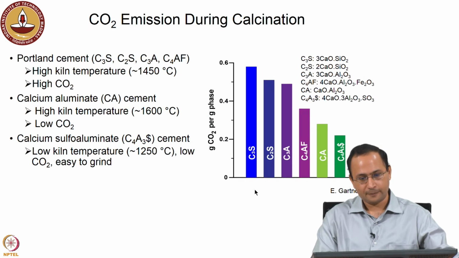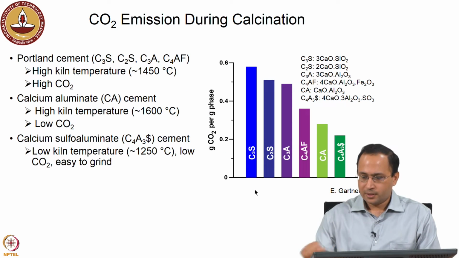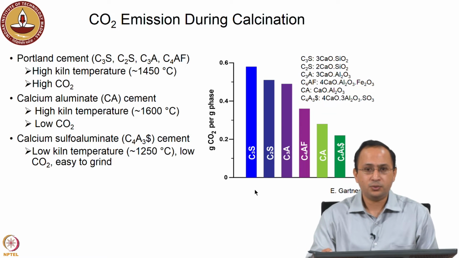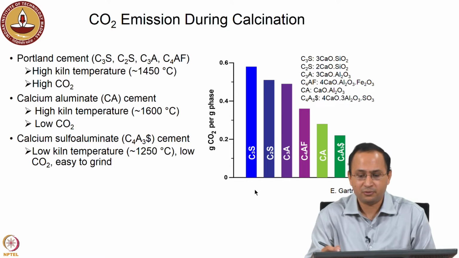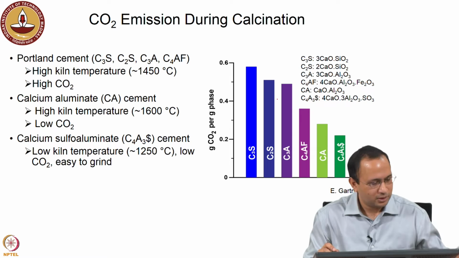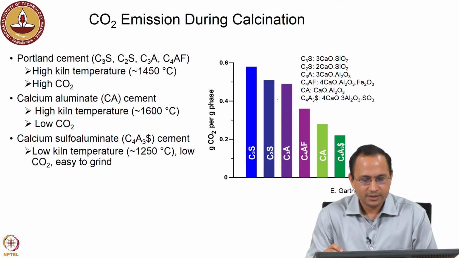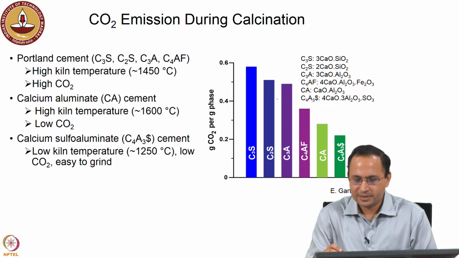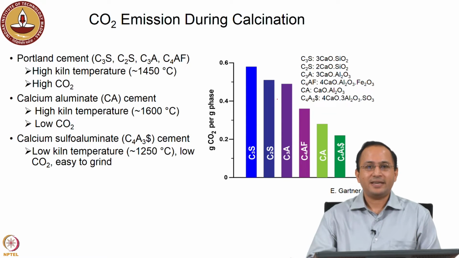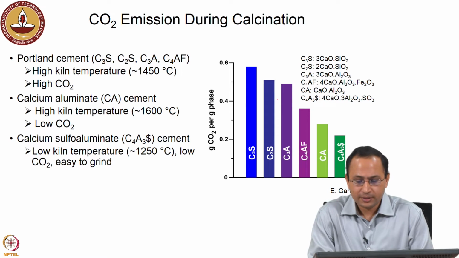Portland cement manufacturing. So, here is the graph which compares the CO2 emission of individual phases present in Portland cement. Let us look into the CO2 emission of various phases present in Portland cement. C3S has the highest CO2 emission, followed by C2S, C3A and C4AF.